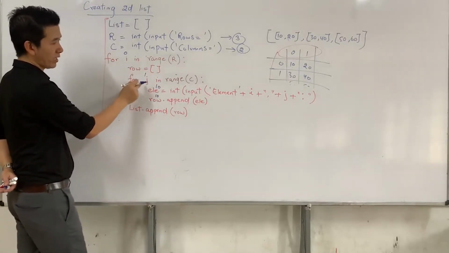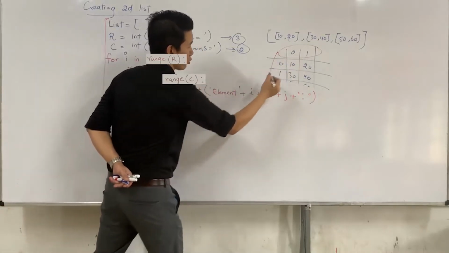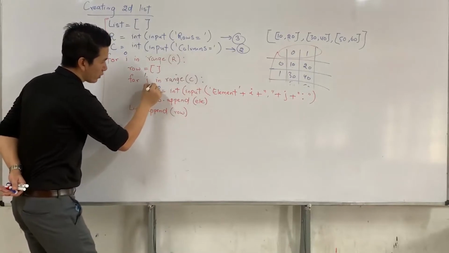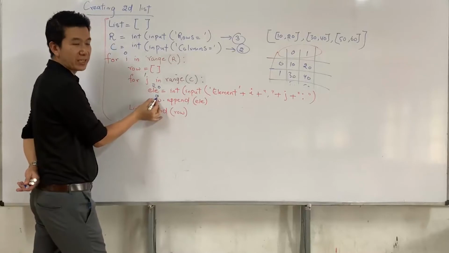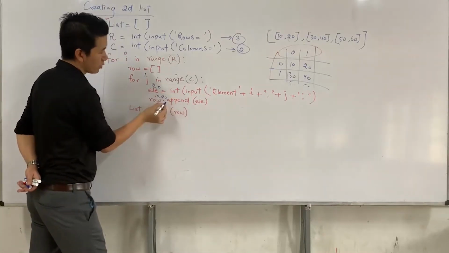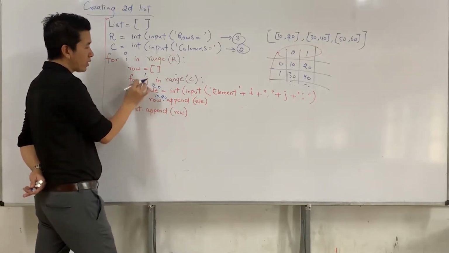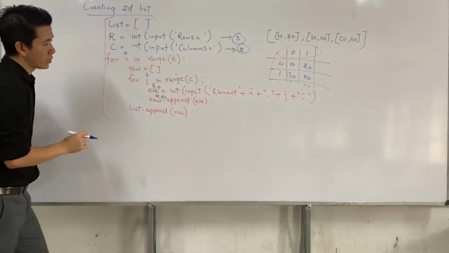Okay, so this time element of 0 and 1. Let's say I enter 20. 20 will be assigned to ELE. And then earlier row has 10, remember? And then 20 will be appended to 10. Okay? And then when the value of J becomes 2, that's when the loop gets over.